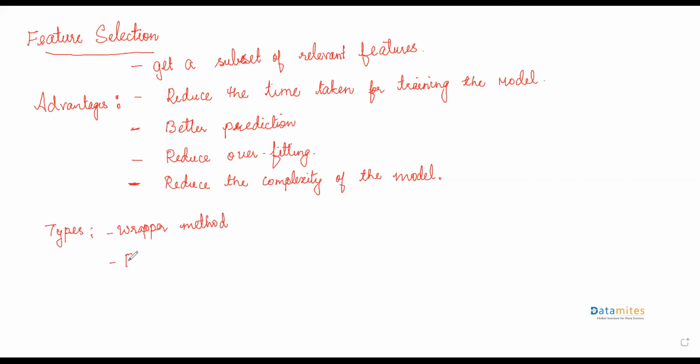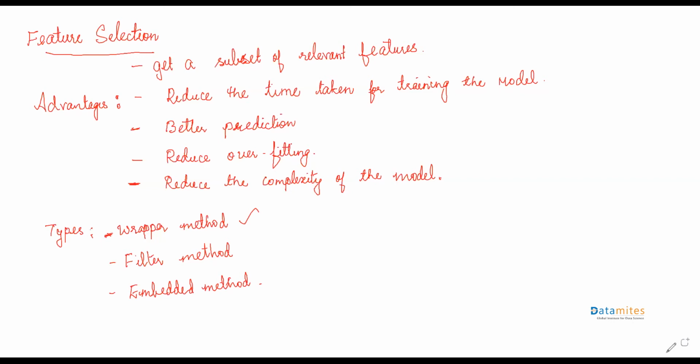You can do it using the filter method. We have the embedded method. There are several ways to do feature selection. We are going to explore feature selection using the wrapper method today. So let's go into the session.